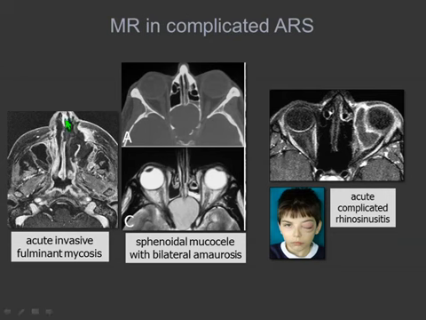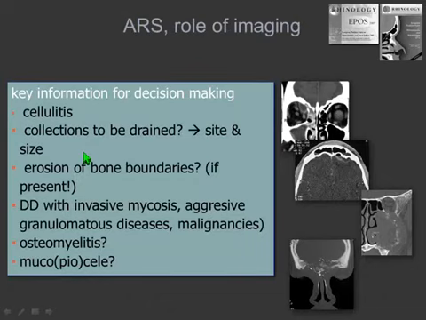Therefore, when you inject gadolinium, you see a very well demarcated and separated area where you have no vascular enhancement, and this corresponds to the gangrenous changes of those tissues.